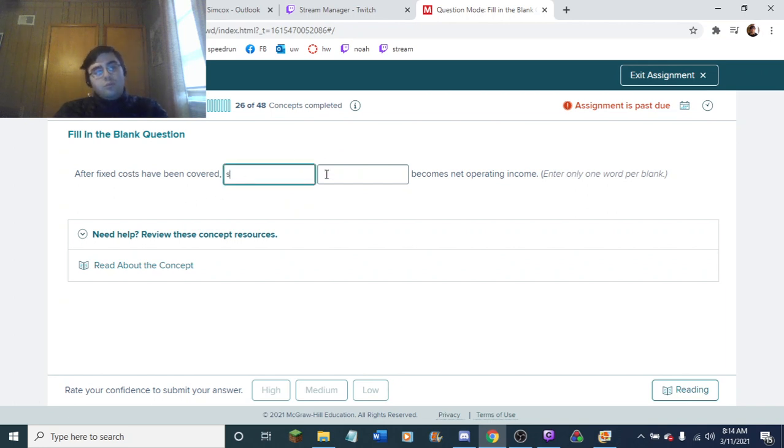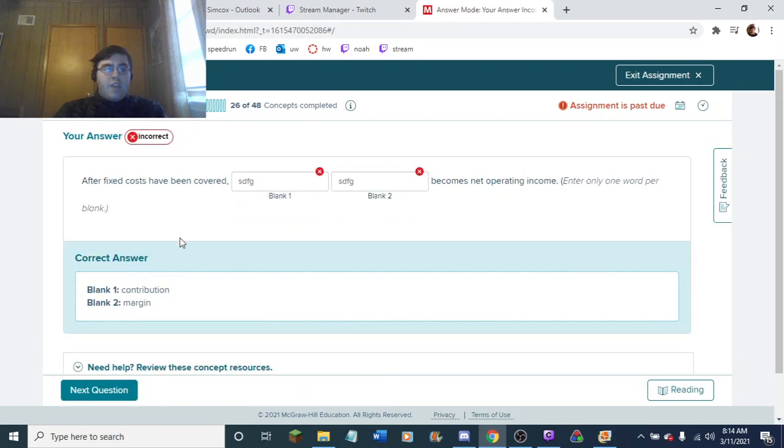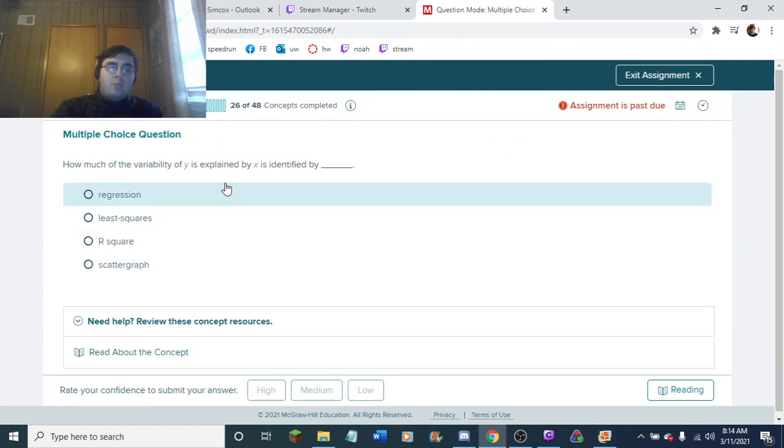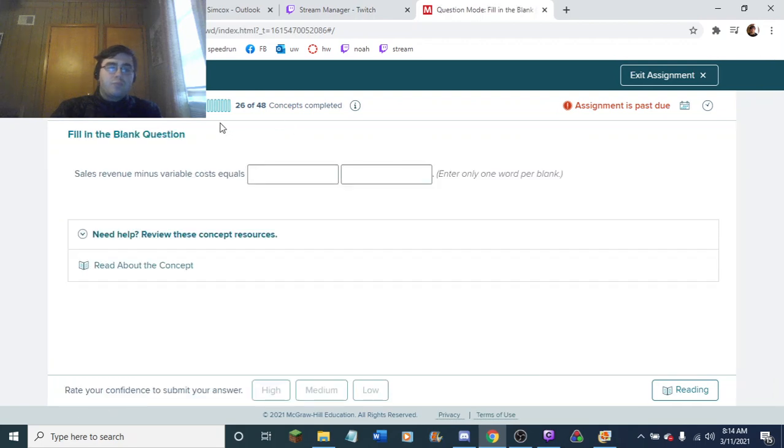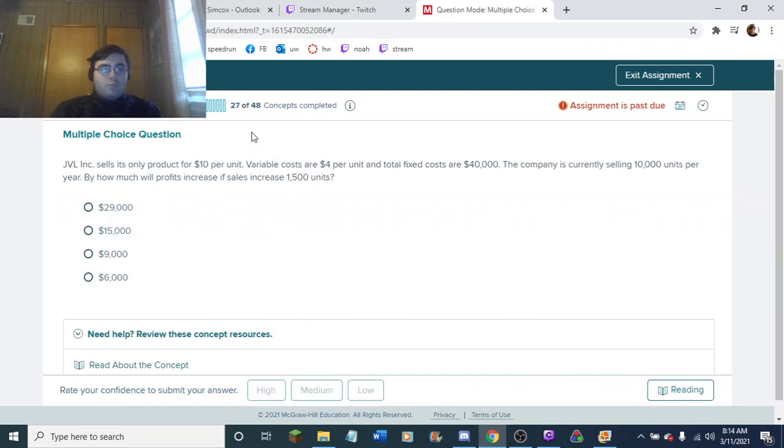I don't know. It's actually contribution margin. So after fixed costs have been covered, contribution margin becomes net operating income. Oh, wow. How much of the variability of y is explained by x is r squared? Sales revenue minus variable costs is equal to contribution margin. Okay.